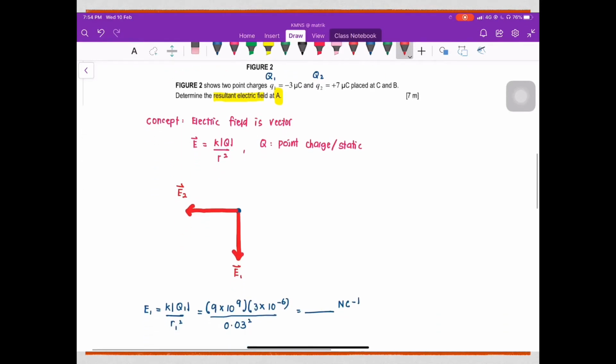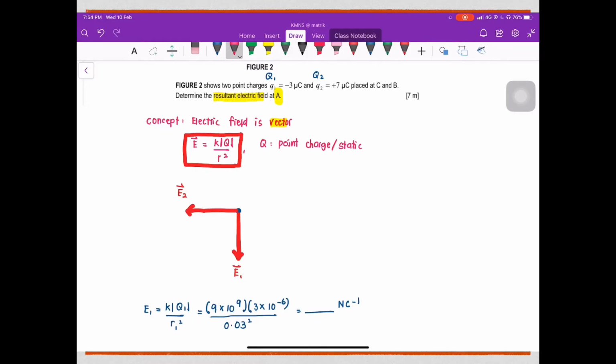Concept: electric field is a vector, so that's why we need to write E equal to k modulus, so here we put modulus kQ over r square.